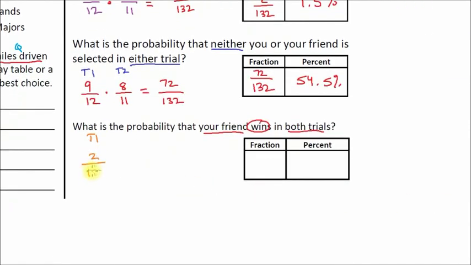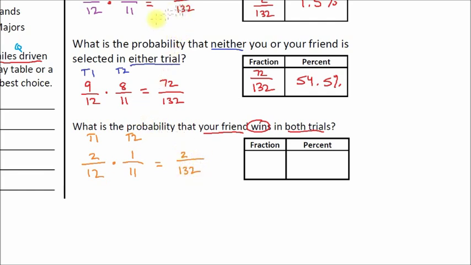2 out of 12. And now in trial number 2, we're going to assume if your friend wins both times, they don't have 2 tickets left in the barrel on the second trial. They only have 1 because the first one they got picked. And there's not 12 tickets left in the barrel. There's only 11. So in this case, if you want to find the probability that your friend wins both times, you're going to have to multiply these 2 probabilities together. 2 times 1 is 2. 12 times 11 is 132.